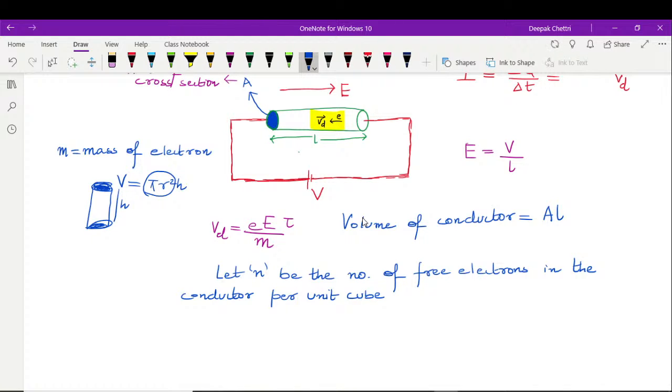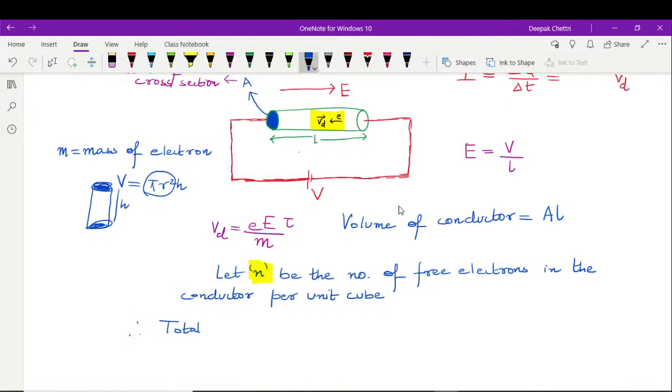In one small unit cube, the number of free electrons is small n. Okay, the small n is the number of free electrons that is there inside this conductor in a small unit cube, right?